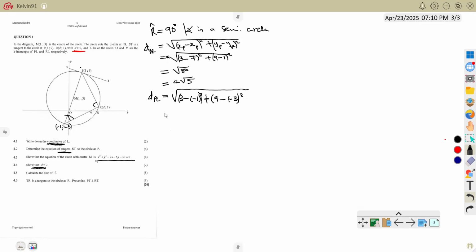So if you simplify this, here it becomes 144, here it becomes 16. So it's root of 160, which is 16 times 10. So this is going to be 4 root 10.